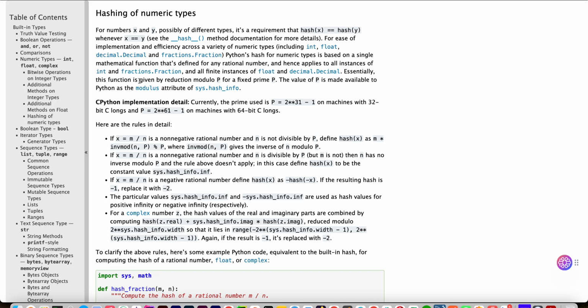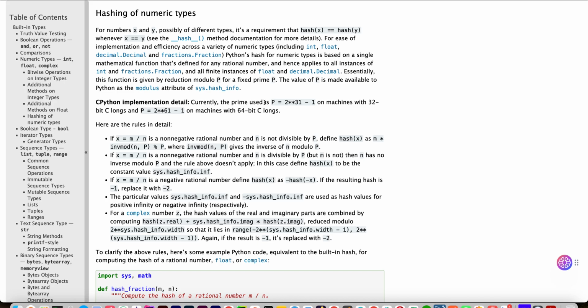Essentially, this function is given by reduction modulo P for a fixed prime P. The value of P is made available to Python as the modulus attribute of sys.hash_info.